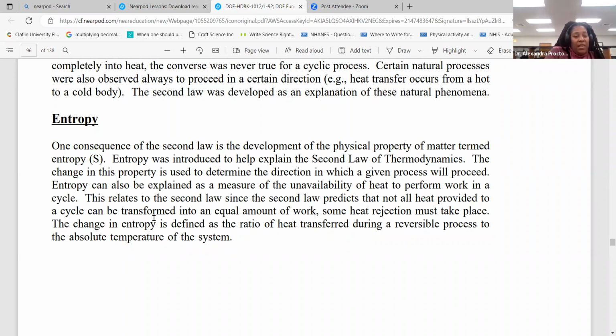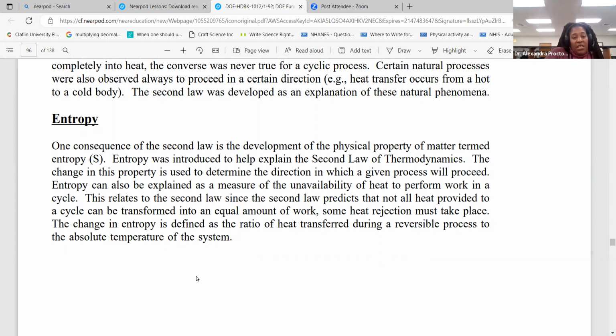And entropy can also be explained as a measure of the unavailability of heat to perform work in a cycle. Okay, this relates to the second law, since the second law predicts that not all heat provided to the cycle is transformed into an equal amount of work. Okay, so work, you can transform that completely into heat. You cannot transform all of the heat into work. Some heat rejection must take place.